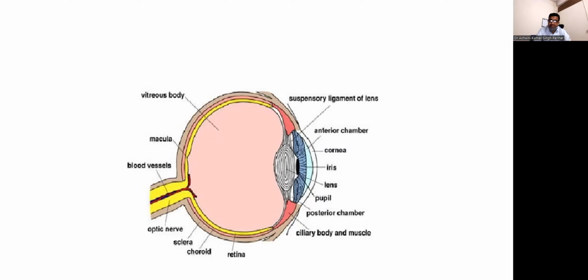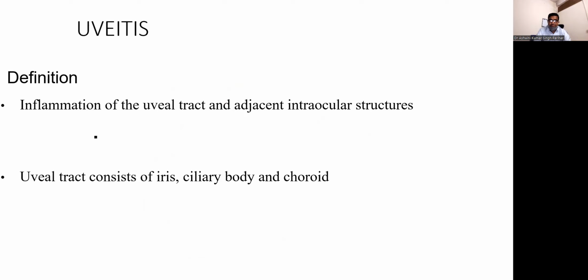Based on the anatomical location, uveitis is further classified according to which structure is affected. Coming to the definition, uveitis, as I have mentioned, is the inflammation of the uveal tract and the adjacent intraocular structures, which leads to different signs, symptoms and manifestations, which we will be discussing in the upcoming slides.